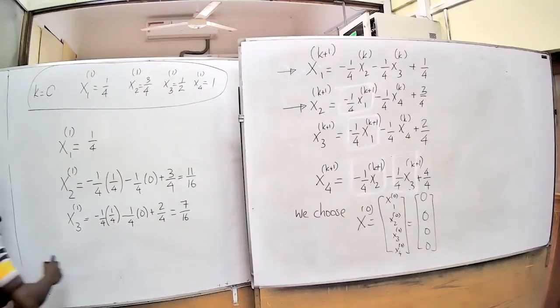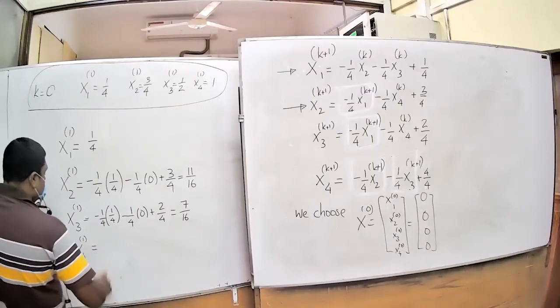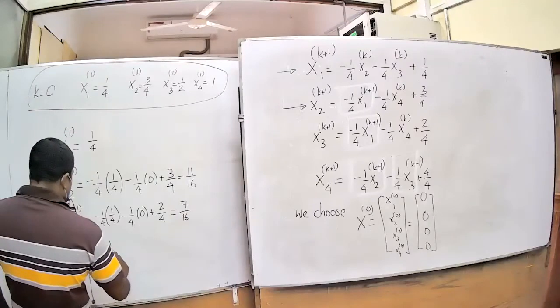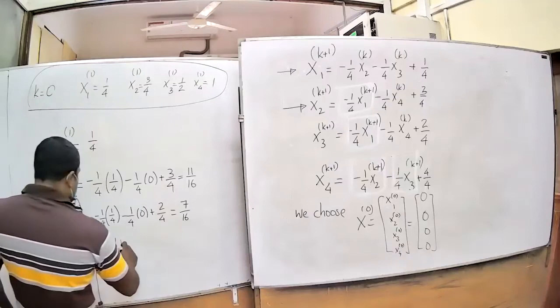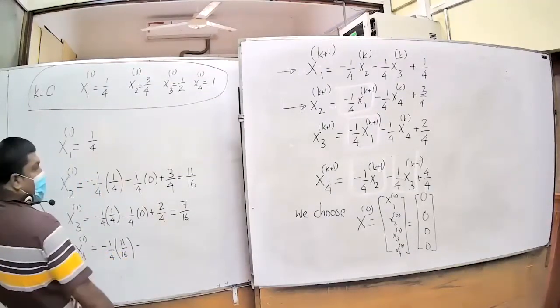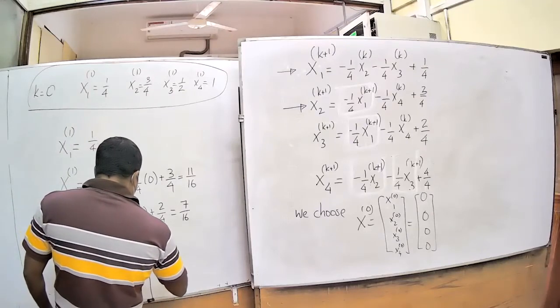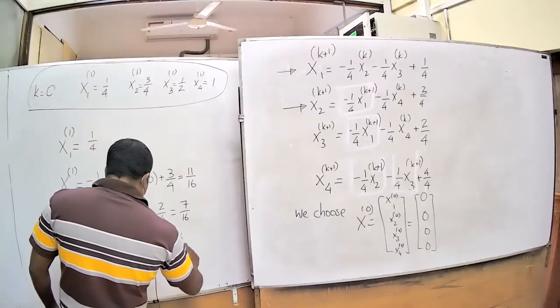And the next one, x4^(1), is going to be minus 1/4 times x2, which is 11 over 16, minus 1/4 times 7 over 16, plus 4 over 4.